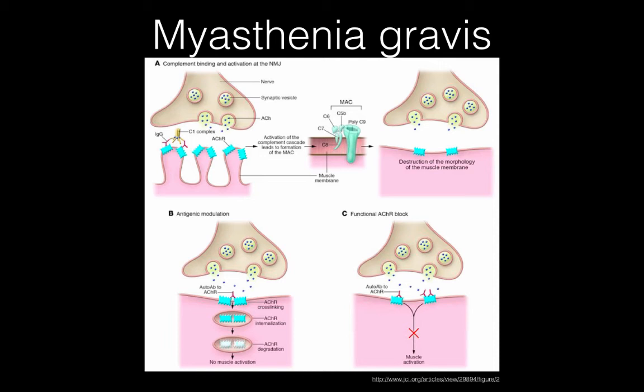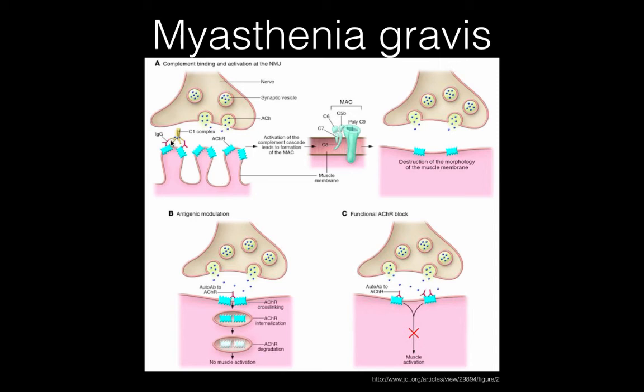And so these muscle symptoms, if you will, are all due to the fact that individuals with myasthenia gravis produce autoantibodies that will bind to the acetylcholine receptor. Acetylcholine is particularly important at the neuromuscular junction, where the nerve is going to synapse onto muscle cells, causing contraction.